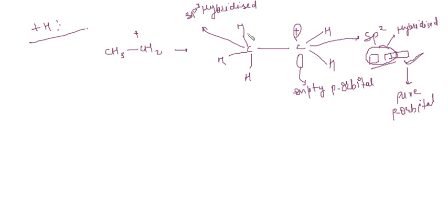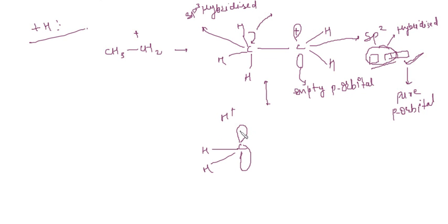Now here it takes the bond. Okay, when it takes the bond, it becomes H plus C. Now when it takes the bond, it again forms a filled p orbital.